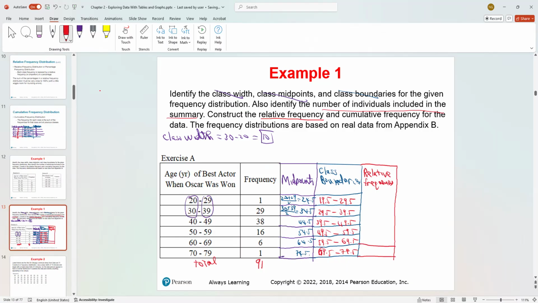Like 28 students in the class, from 28 students, 17 identify themselves as female. So we take 17 divided by 28 to find the percentage of female.